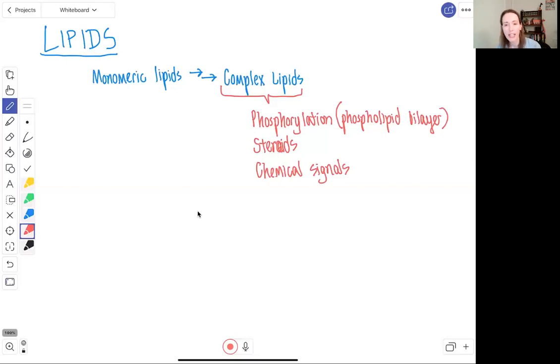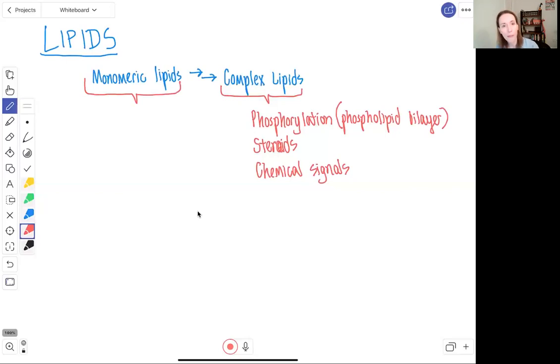So those are a few examples of the complex lipids that we can think about. Those complex lipids are constructed from monomeric lipids by either joining multiple simple lipid units together and by completing structural modifications of those simple lipids.